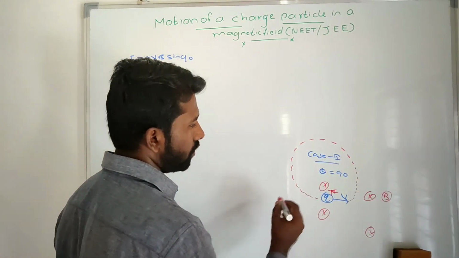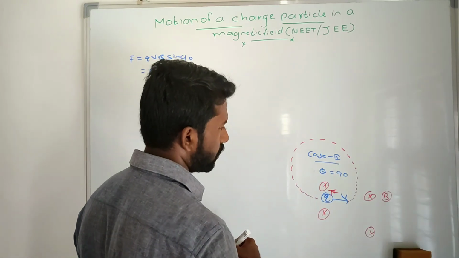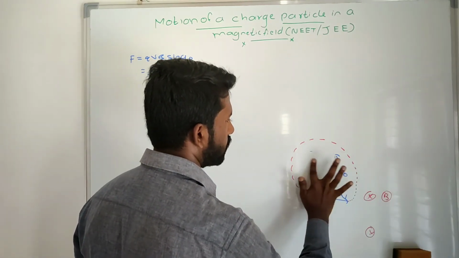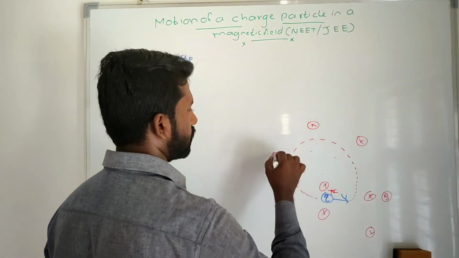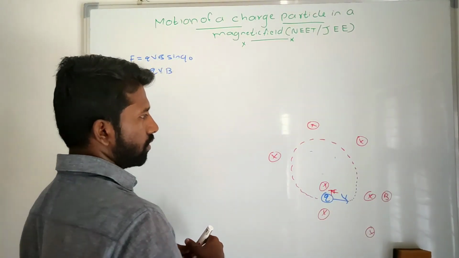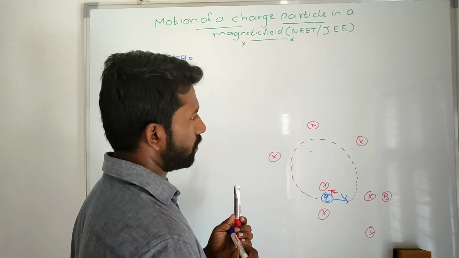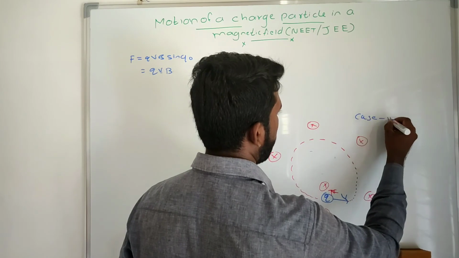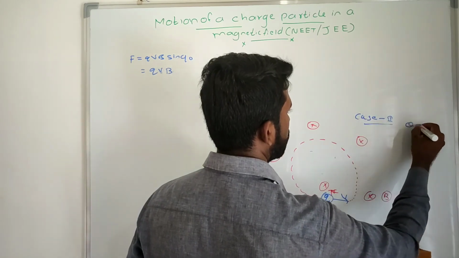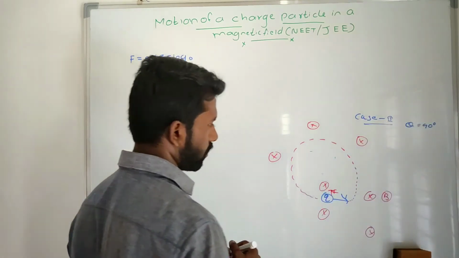Okay. So in this circular path I need to find out the radius of the circular path. This is a magnetic field, this is case 2, and theta is equal to 90 degrees. Okay.